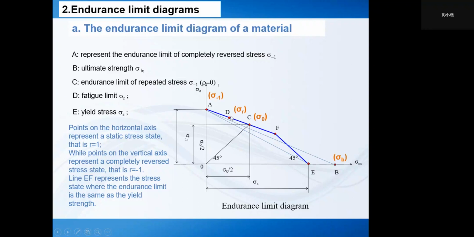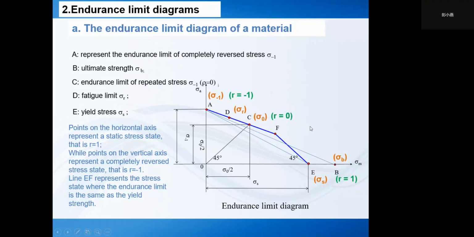And point D represents the fatigue limit of sigma R. And point E is the yield stress sigma S. For point A, the stress ratio R is -1. And for points B and E, the stress ratio R is 1. For point C, the stress ratio R is 0.